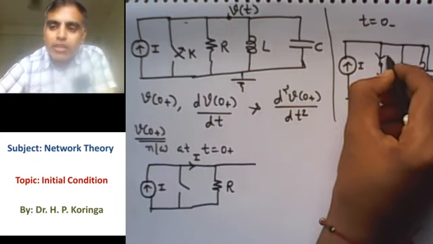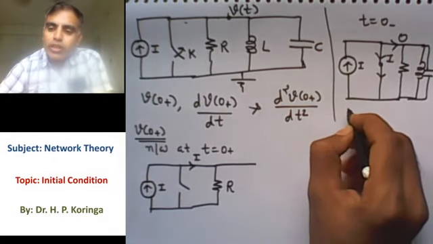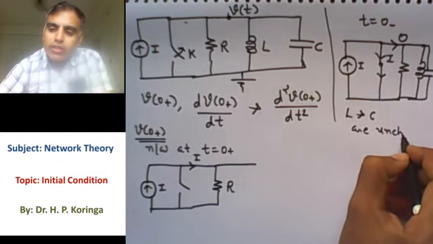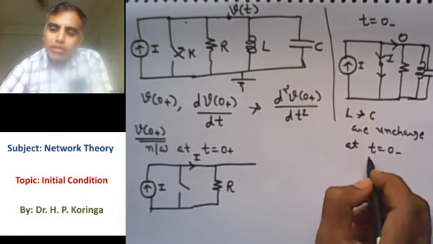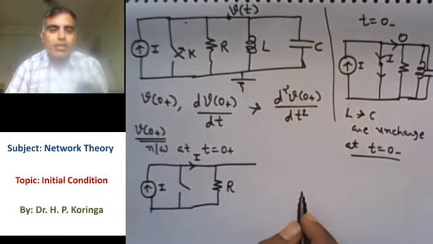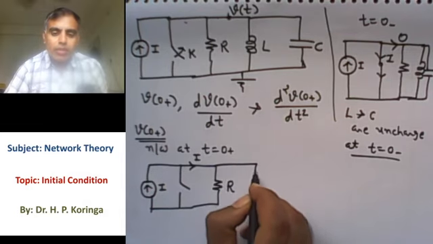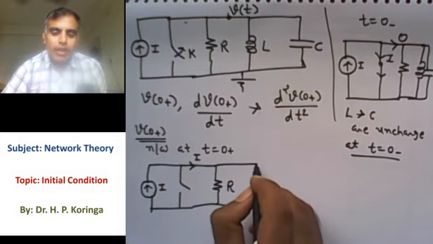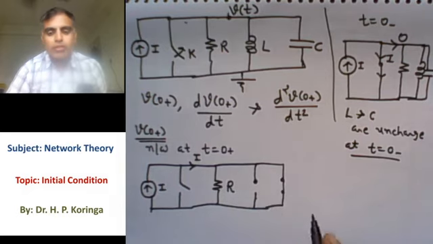So the current through R, L and C is 0, so the inductor and capacitor are uncharged at t = 0-. We know an uncharged inductor at t = 0+ is replaced as an open circuit, and an uncharged capacitor at t = 0+ is replaced as a short circuit.